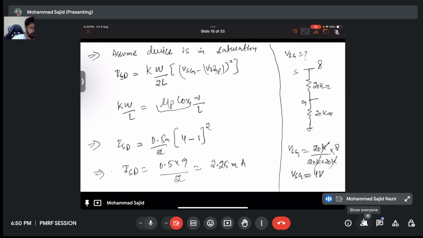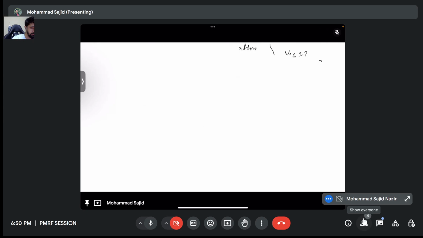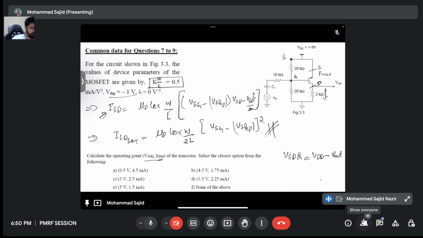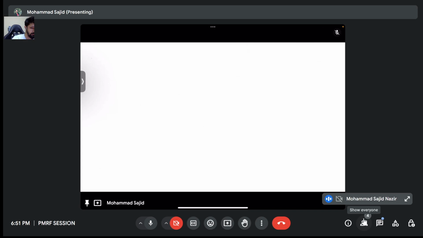Okay, so now you have ISD. What you need to do is this ISD flows through the resistance of 2 kilo ohm. So now you can calculate V naught as ISD multiplied by 2 kilo ohm. So that is 2.25 milli, that is 10 to the minus 3, multiplied by 2 into 10 to the power 3. This and this will cancel.